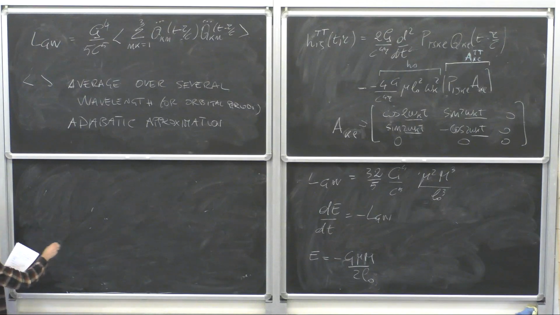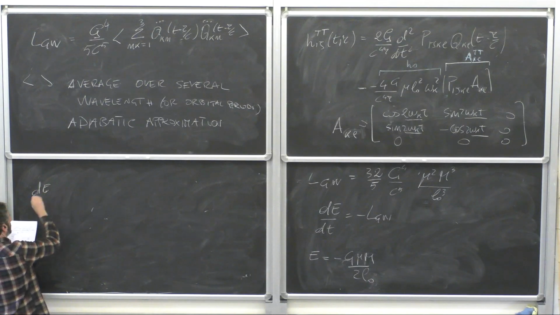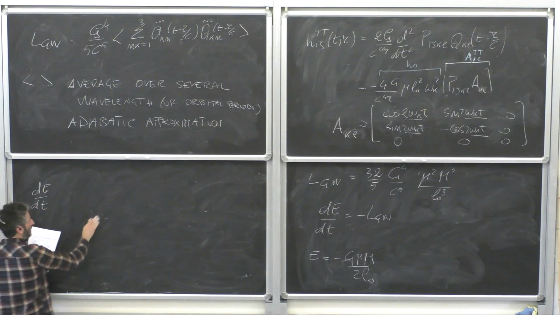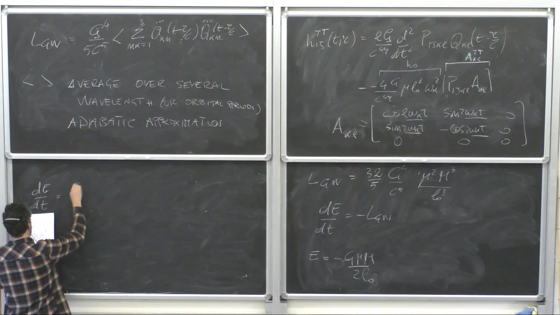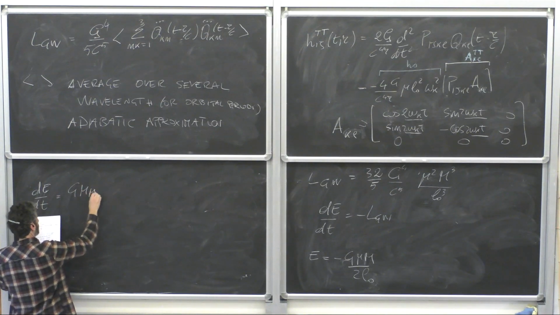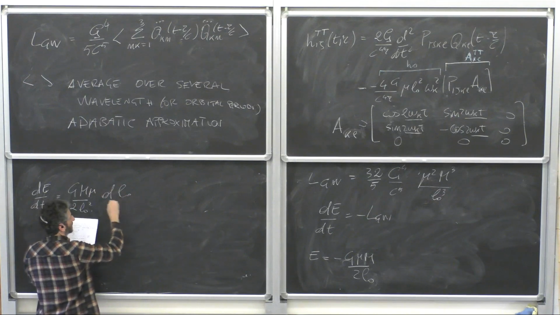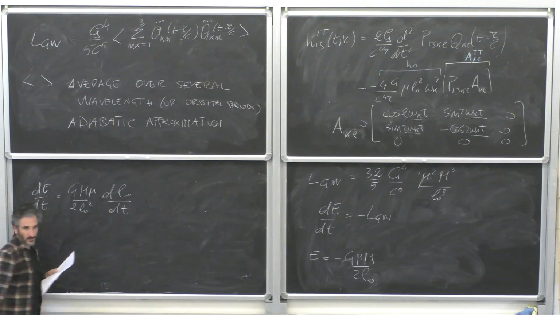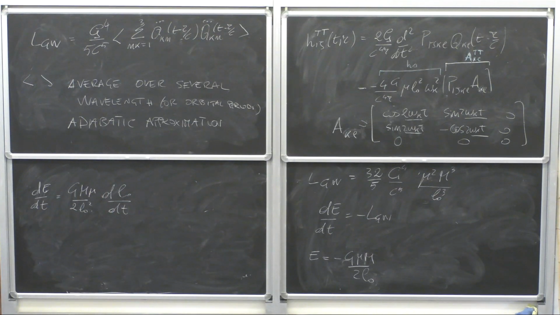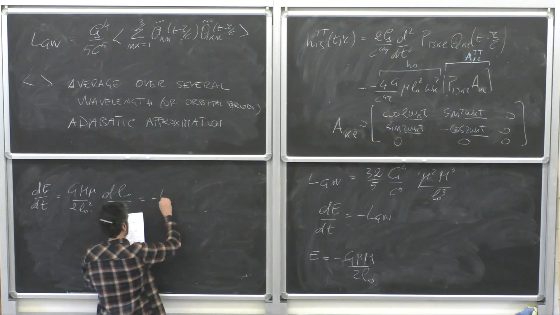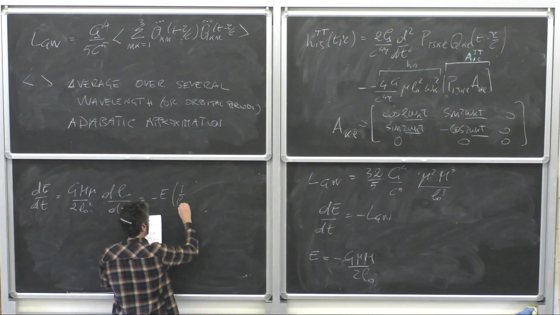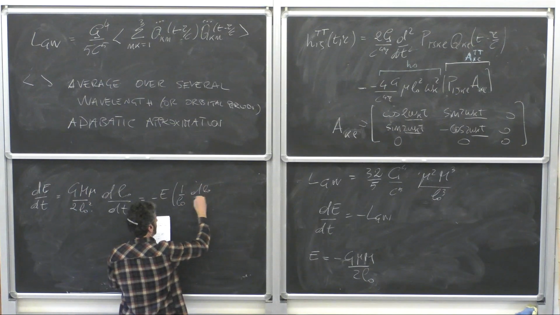So I take that expression there and compute dE/dt, and what I get is G M mu over 2 L0 squared dL0/dt. And I can write this actually as minus E times 1 over L0 dL0/dt.